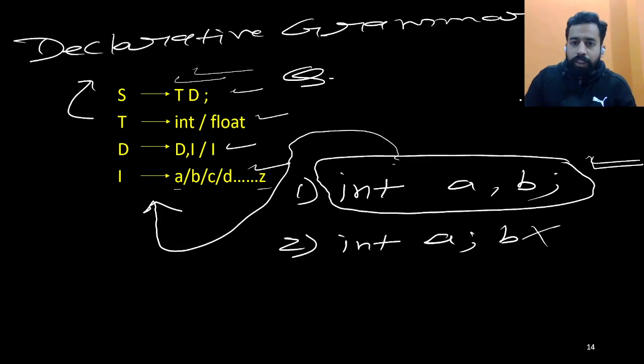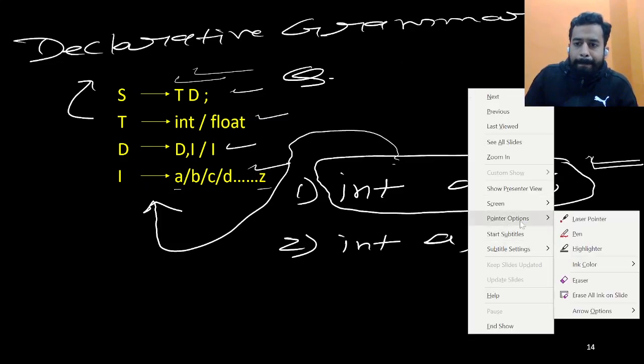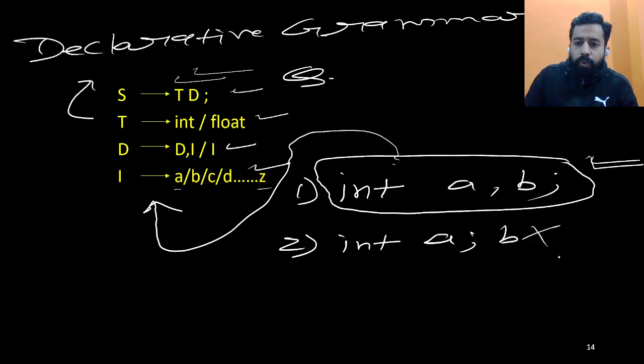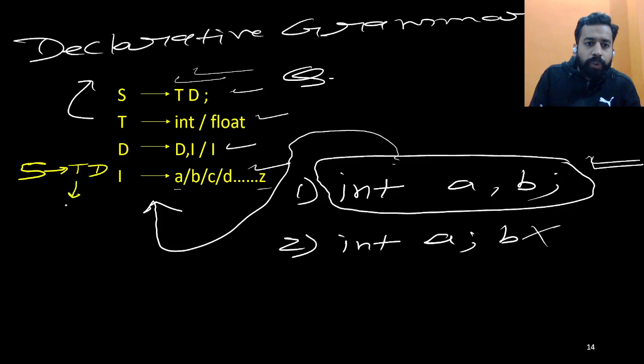Okay, so let me just change the color of my pen. Okay, so let me write it. S can derive T D. Now from T, what can you say? T can derive int.